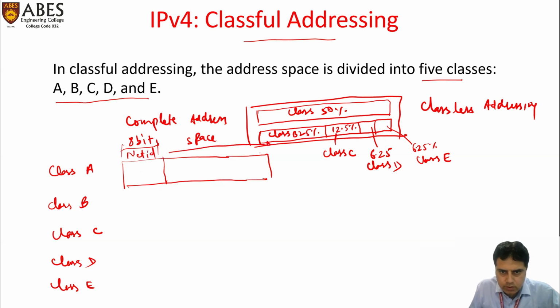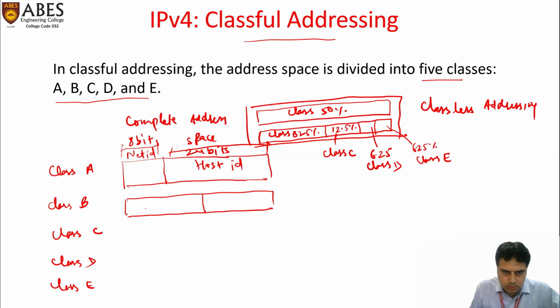The remaining 24 bits are used for the host address. In the same way, in class B, 16 bits are used for network ID and 16 bits are used for host ID.